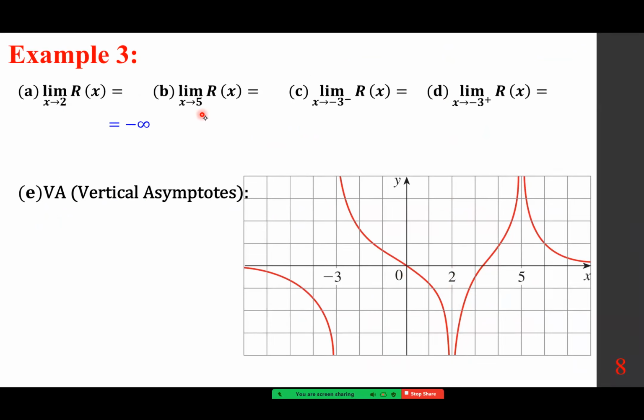What about 5? What is the limit of this function as x approaches 5? Any ideas? Is number 5. From the left of 5, from the right of 5, both of them go up to positive infinity.